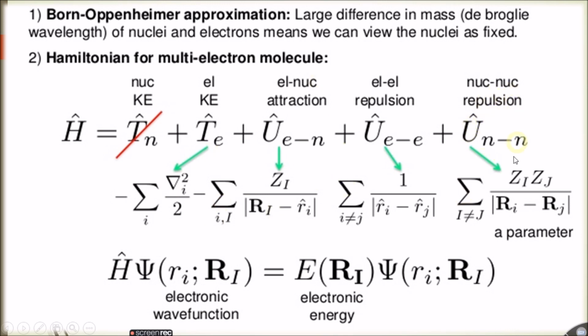The nuclear repulsion is considered as a parameter. It's just a correction parameter which is used here. See how the Schrodinger equation has been rewritten. They have used only the electronic wave function and only the electronic energy, and it is an electronic Hamiltonian. So it has been solved like this for multiple electron systems. Like this you can solve your Schrodinger equation for multiple electron systems also.